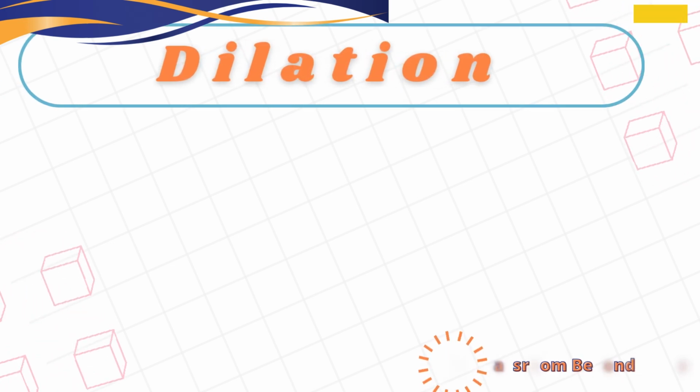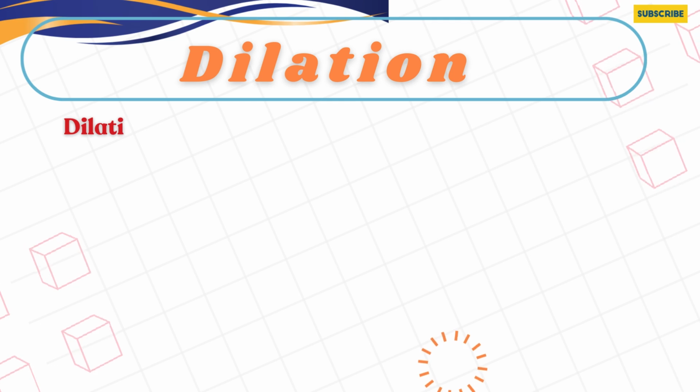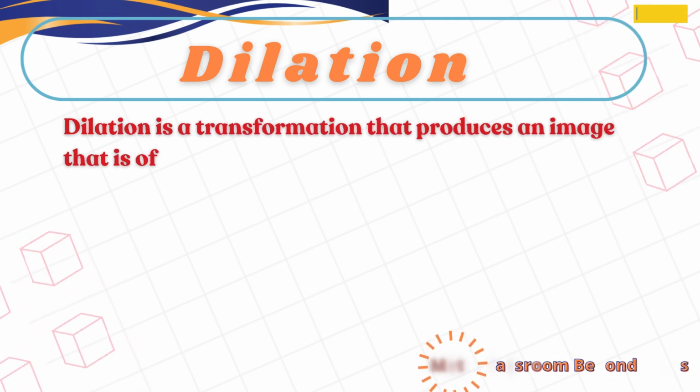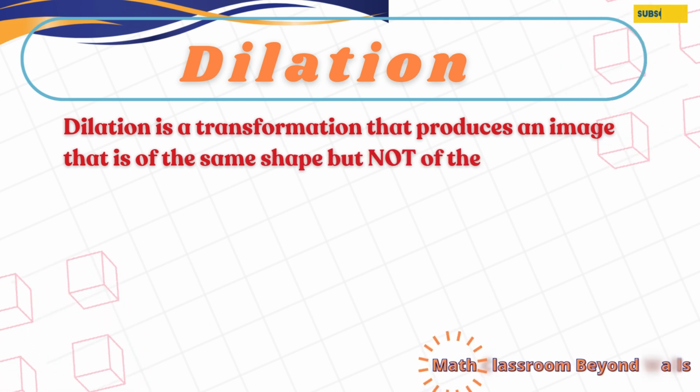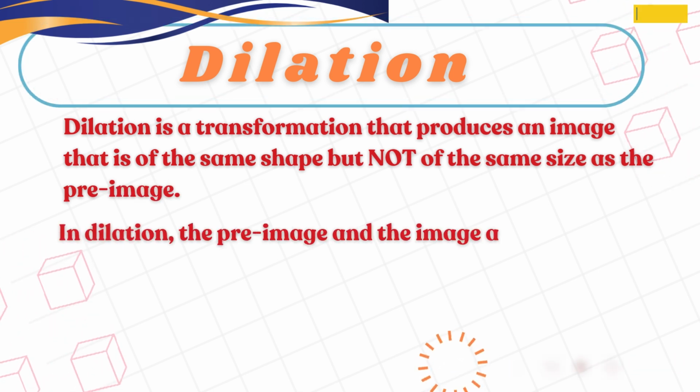Recall that in the previous video lesson, dilation is described as a transformation that produces an image that is of the same shape but not of the same size as the pre-image. Hence, the two are similar.